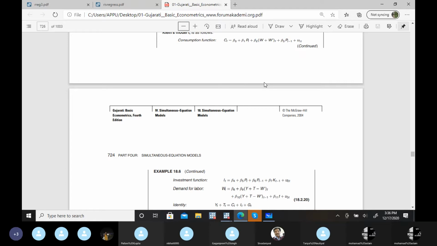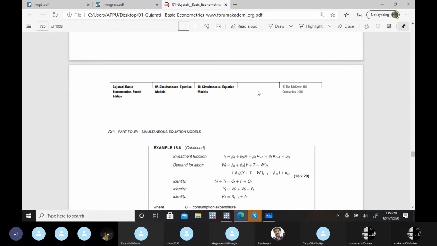Predetermined: one is P t minus 1, then P t, K t minus 1, and the fourth one is tax. We have 4 predetermined variables.